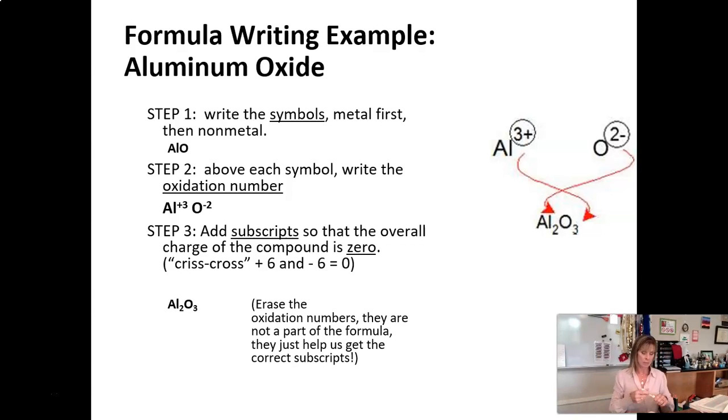Aluminum has 3 valence electrons, and oxygen has 6 valence electrons. Remember that? So aluminum is going to transfer electrons, 1 there and 1 there. Aluminum will have gotten rid of 2 electrons, and oxygen will be full. The problem is aluminum still has a leftover.